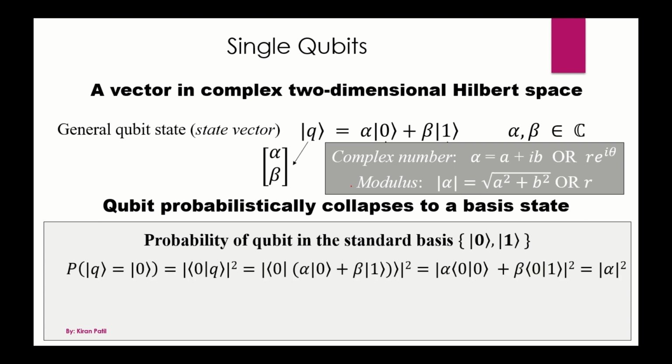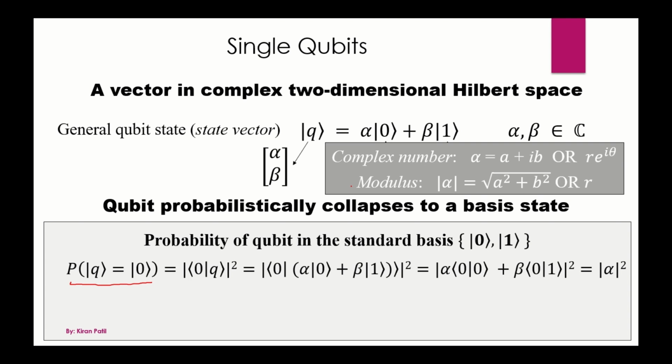What is the probability of getting ket 0? Here I have written the probability of q equal to 0 is equal to the inner product of 0 and q, modulus square.